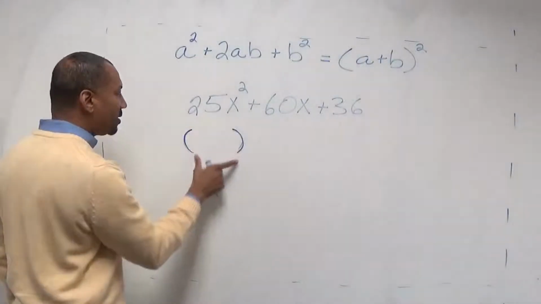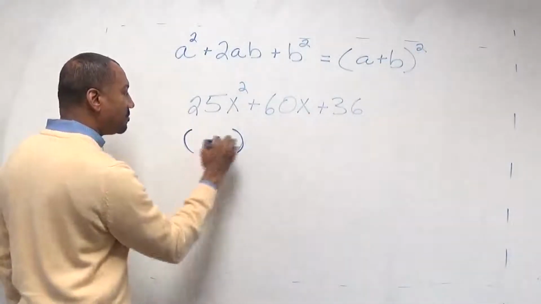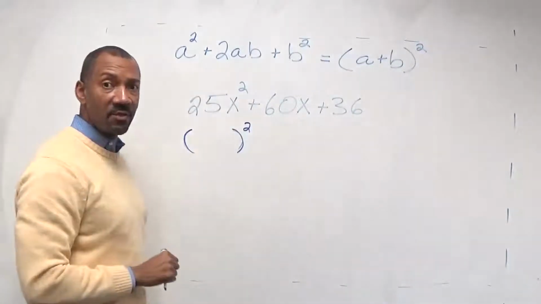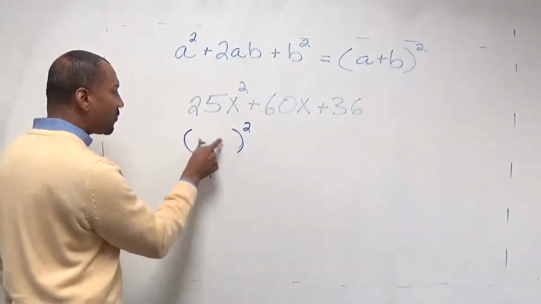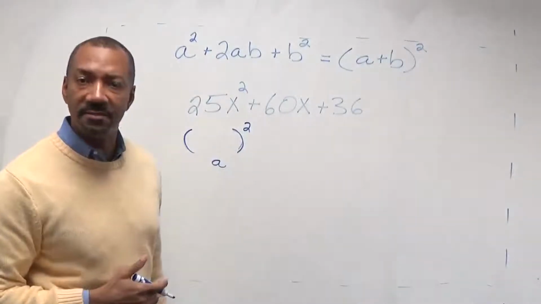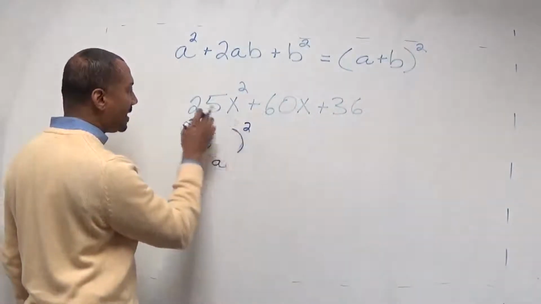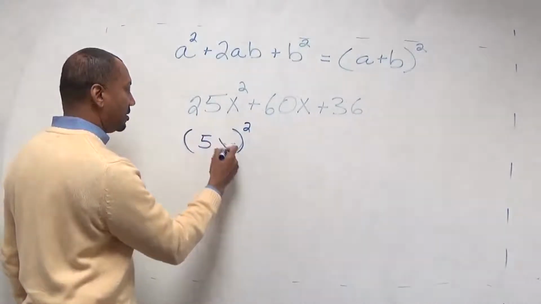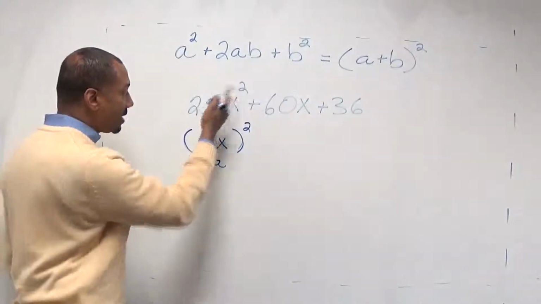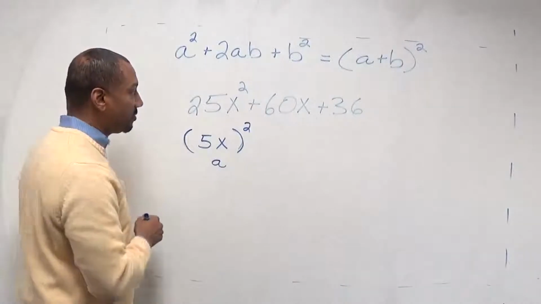So I'm going to give myself a little set of parentheses under my first term here, and I'm thinking that something squared is going to give me back 25x squared. Whatever I put in these parentheses is going to be my a. So what do you think it is? Well, if I put a 5 in here and square that, I get back my 25. If I put an x in there and square that, I get back my x squared. So my a appears to be 5x.